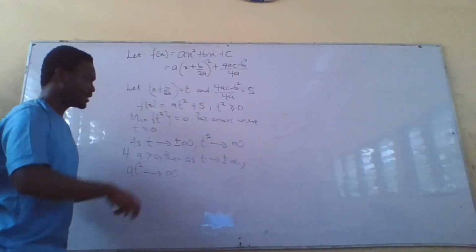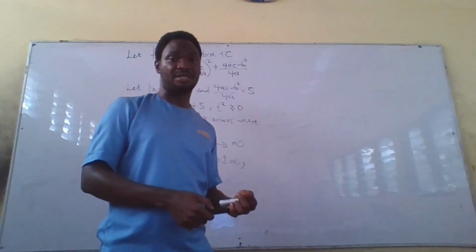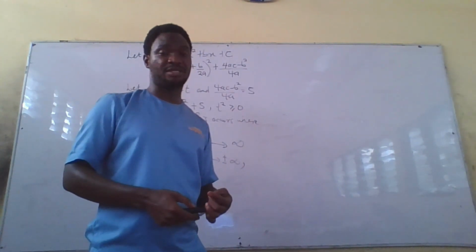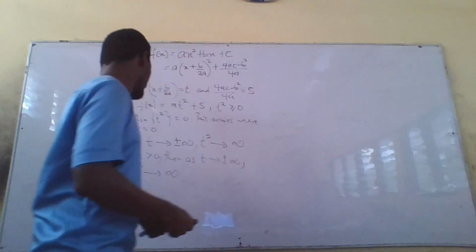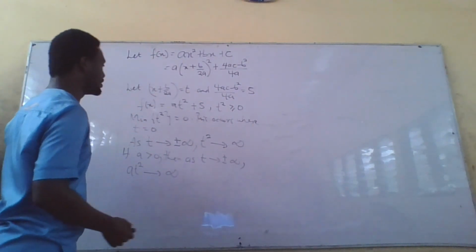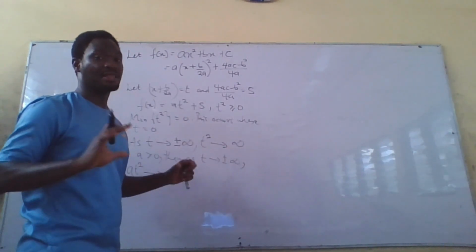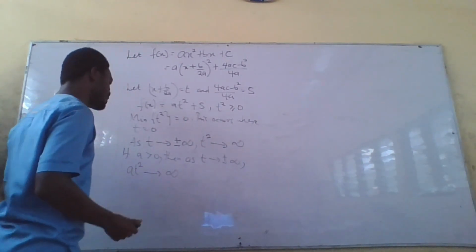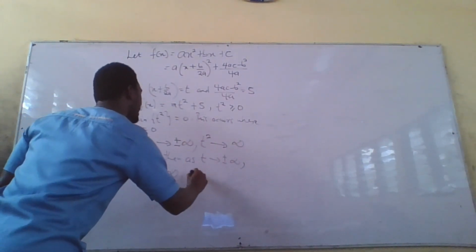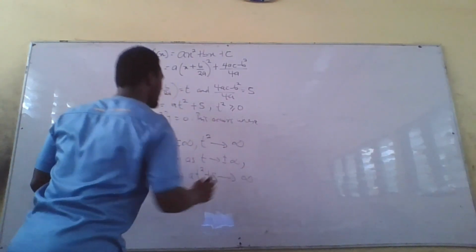If you multiply a big positive number by a positive constant, you get a huge positive number. And as a t squared approaches positive infinity, a t squared plus a constant has no choice than to also approach positive infinity. So a t squared plus s approaches infinity.